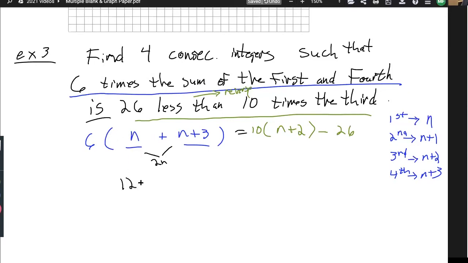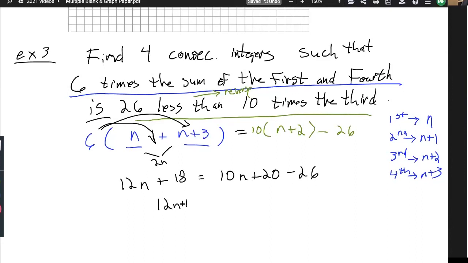So we'll get 12n. And then to the 3, so plus 18, equals 10n plus 20 minus 26. All right, so we need to combine these terms, so we get 12n plus 18 equals 10n minus 6.